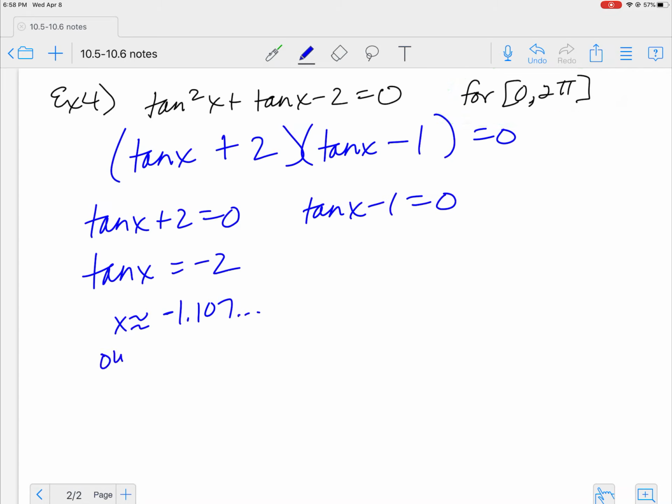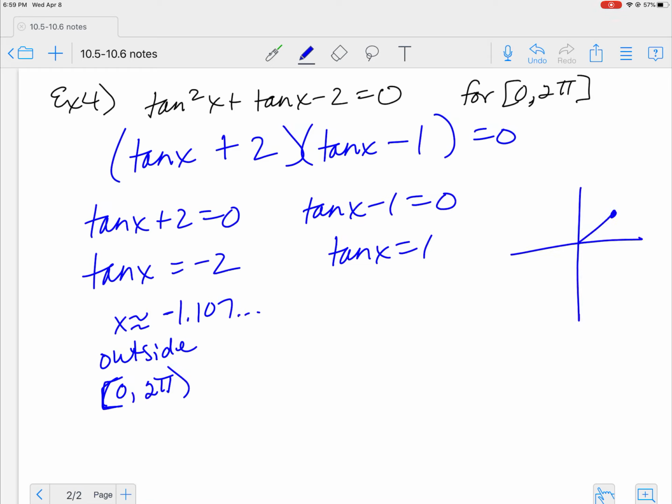Look at my criteria. I only want the values between 0 and 2 pi. Remember, inverse tangent is on that right side, so I can have negative values. But that's not what I'm looking for here. My criteria specifically says between 0 and 2 pi. So this is outside my 0 to 2 pi scenario, so that is not a valid answer.